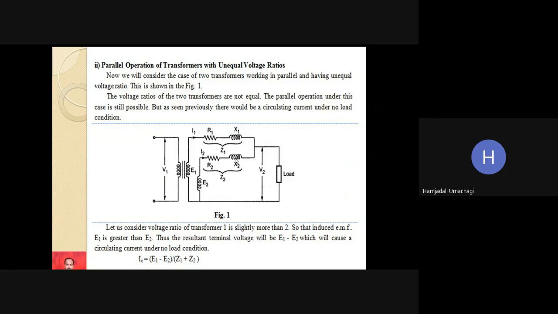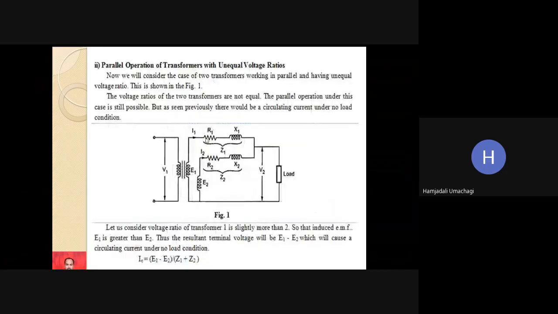Then from the circuit diagram we have E1 equal to V2 plus I1 Z1. The induced EMF of the first transformer E1 is given by V2, the load terminal voltage, plus the drop in the first transformer, that is I1 into Z1.